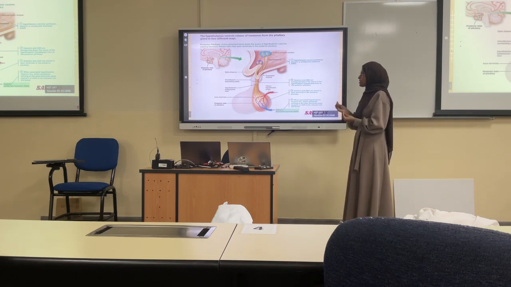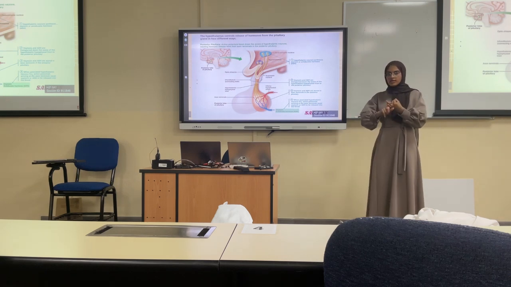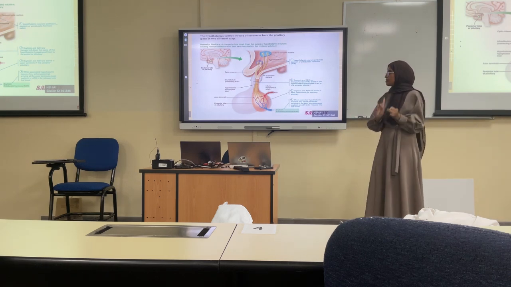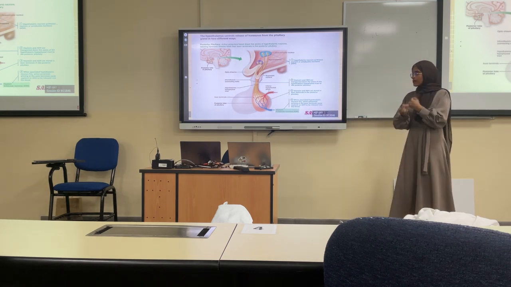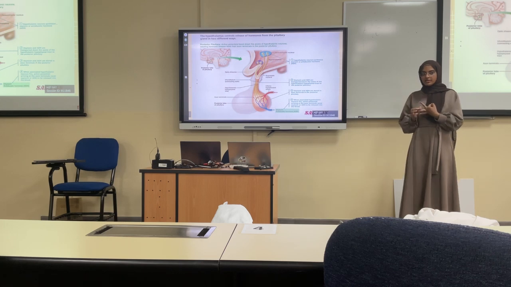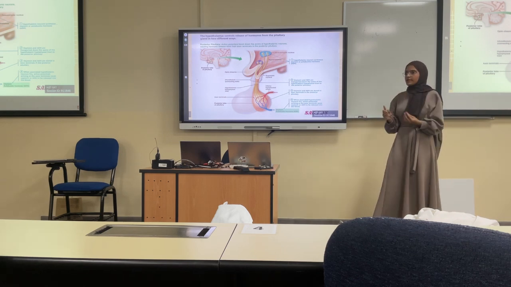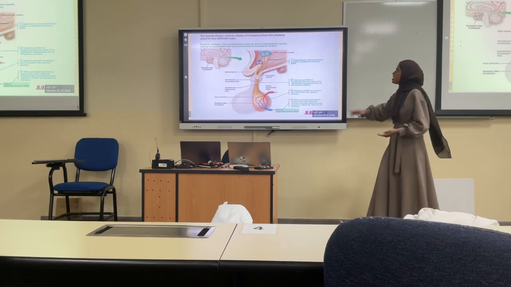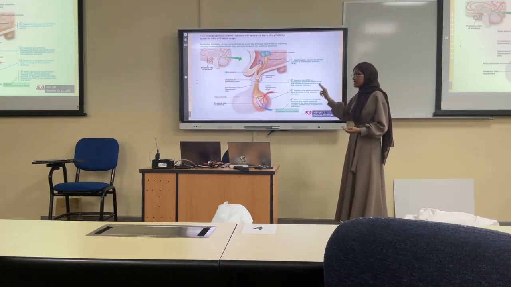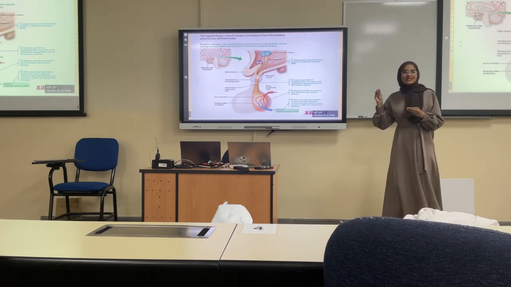As an easy way to remember it, two hormones are secreted by the posterior pituitary, oxytocin and the antidiuretic hormone. It's in the mnemonic SAD PO. S, supraoptic nucleus, AD, antidiuretic hormone. So remember that the supraoptic nucleus secretes the antidiuretic hormone, and the paraventricular nucleus secretes oxytocin. A nucleus is a collection of cell bodies in the CNS.